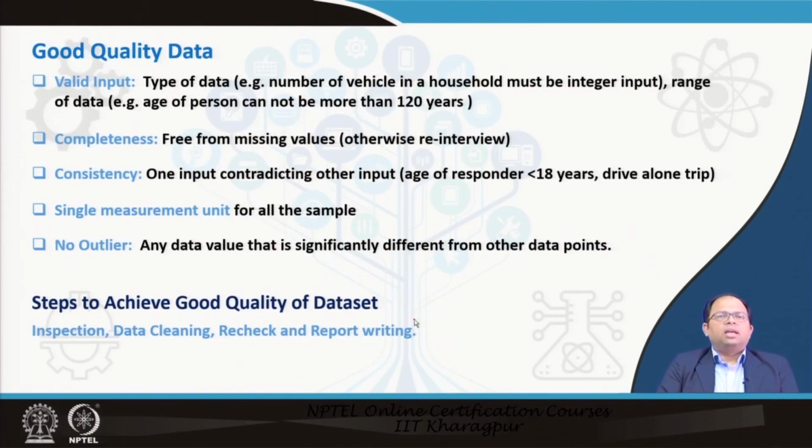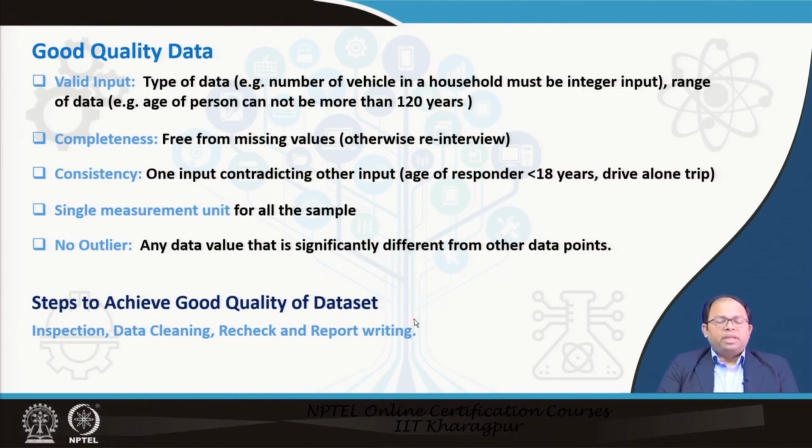Now, when we conduct surveys, we should also ensure that the data that we collect is of good quality. Otherwise, the analysis that comes out of the data is also going to have certain limitations. So, we need to make sure that the input coming into the survey is a valid input. For example, the number of vehicles in a household should be an integer input.